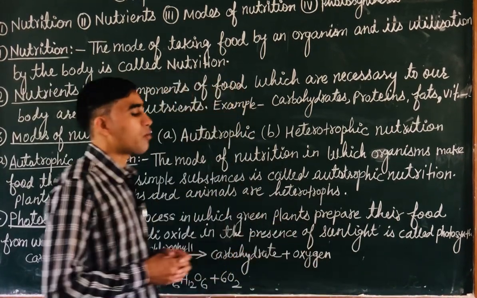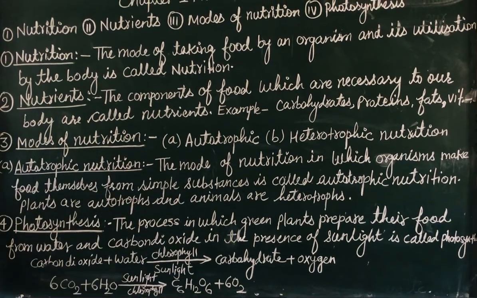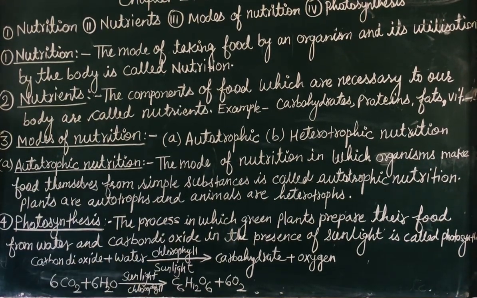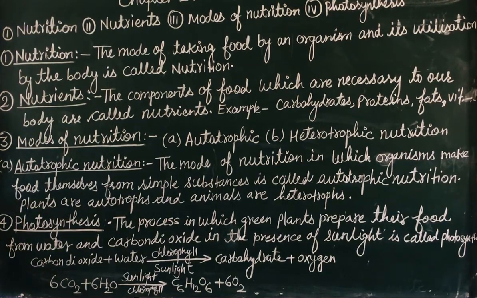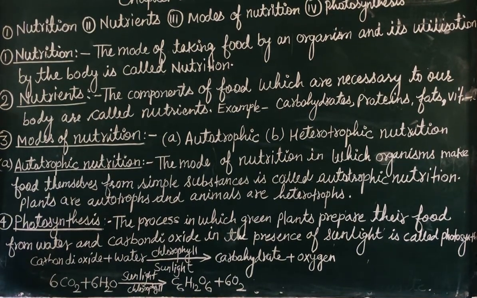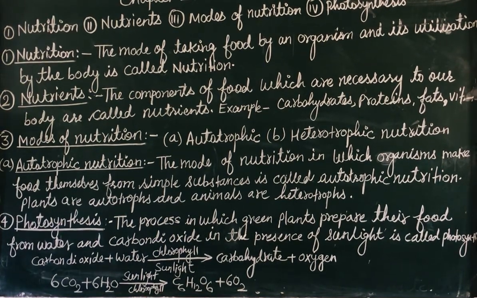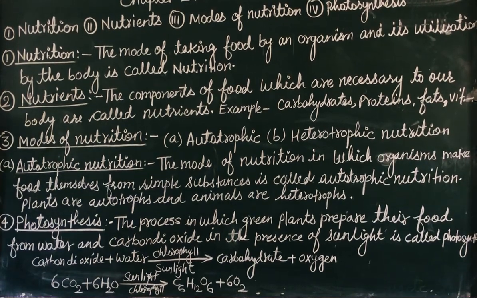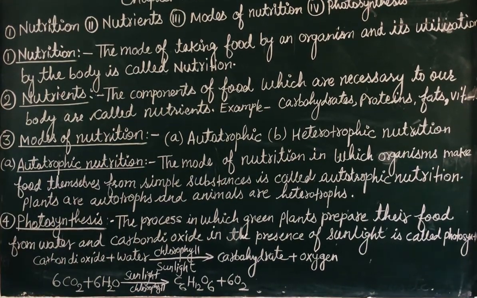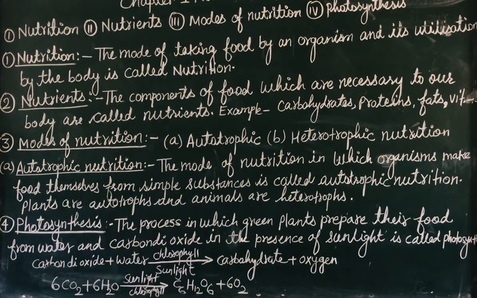Now we will see the nutrients. As you know from class 6, carbohydrates, proteins, vitamins, minerals and fats are called nutrients. Nutrients are the components of food which are essential to our body. They are taken by eating different types of foods in our day-to-day diet.